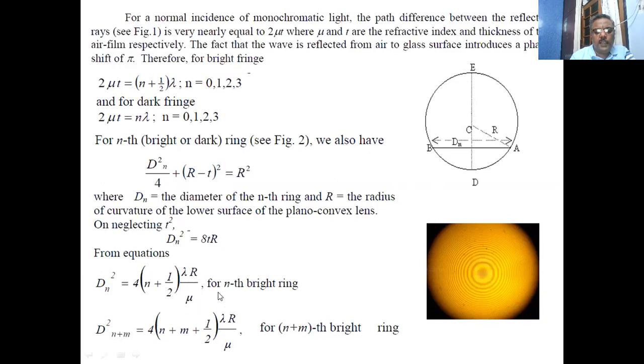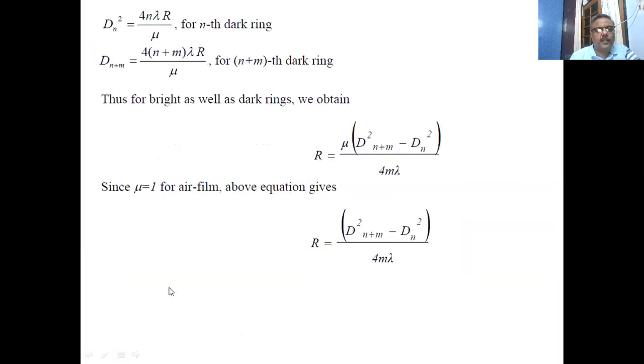Now from the equations for the nth and the (n plus m)th bright ring, we take two rings, the nth ring and the (n plus m)th ring. The diameters of both the rings will be these, and then we subtract. These are the diameters for the nth and (n plus m)th dark ring.